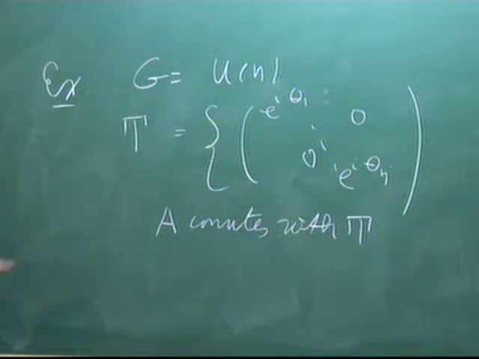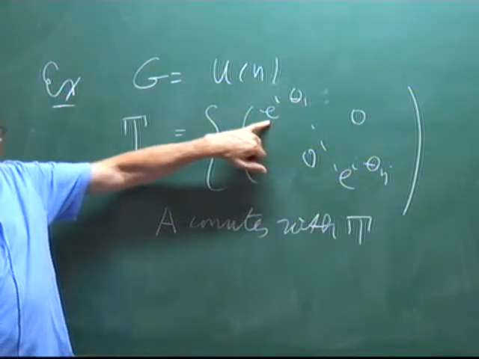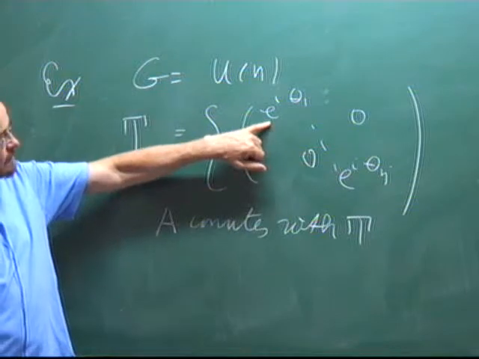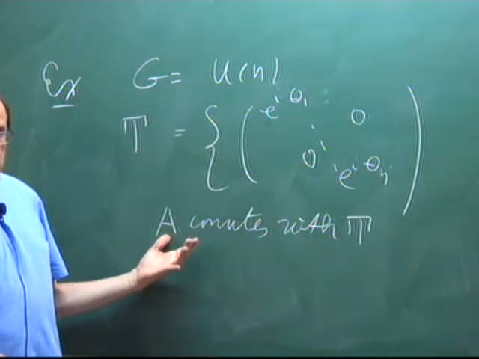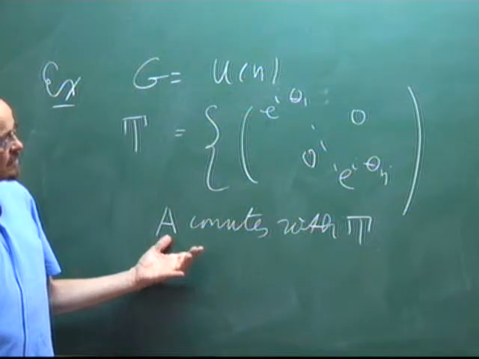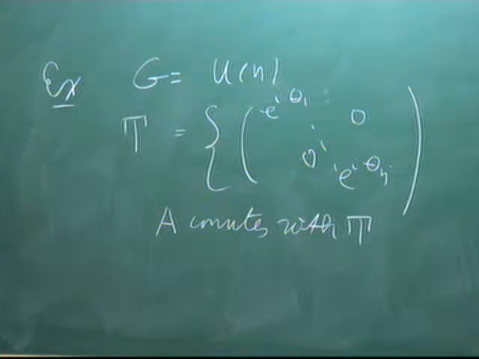What does that mean? I can choose θ_i all distinct, then the coordinates are the eigenspaces with these eigenvalues. If something commutes with them, that means A must preserve the eigenspaces. So it preserves each coordinate, that means it's diagonal. So it's clearly a maximal torus.